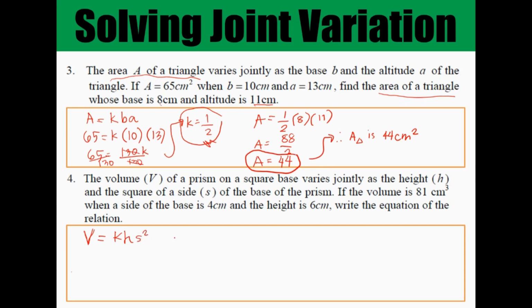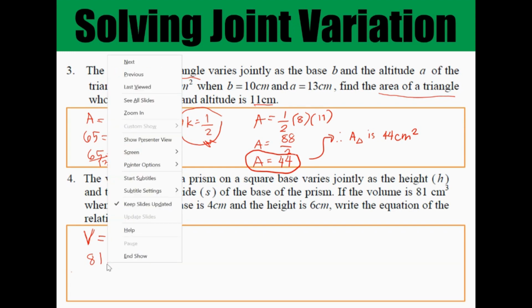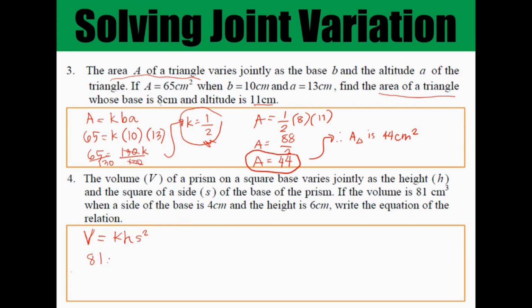So, if the volume is 81 cubic centimeter, when a side of a base is 4 centimeter, yung height natin is 6 centimeter, then side is 4 squared. So, 81 equals K times 6, 4 squared is 16.